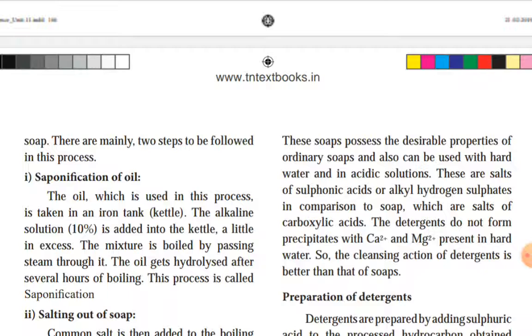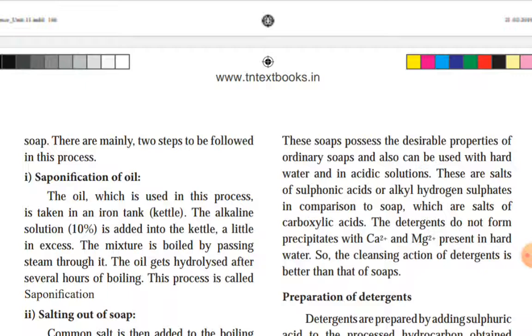Now the alkali is added, 10% of alkali depending upon the requirement, maybe potassium hydroxide or sodium hydroxide, a little in excess. Then the mixture is boiled by allowing steam. So first, fat or oil is taken in the kettle. Second, 10% alkali is added. Third, steam is allowed to boil the mixture.